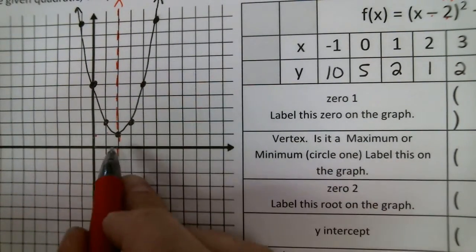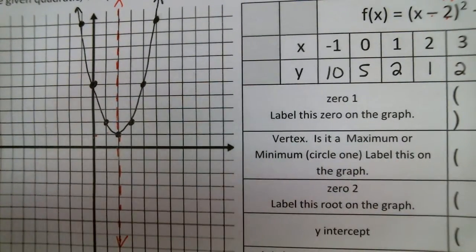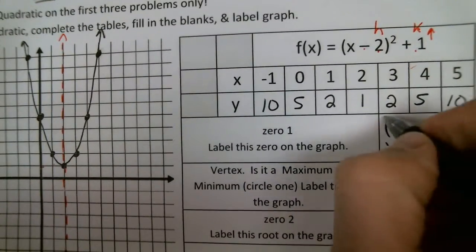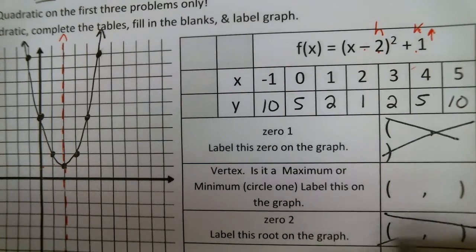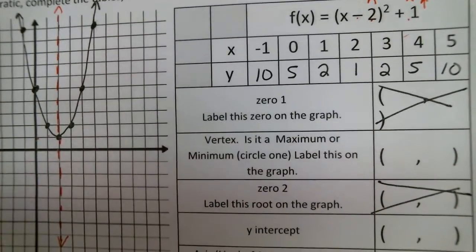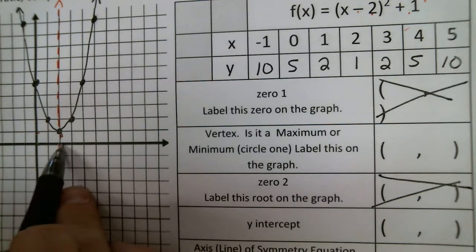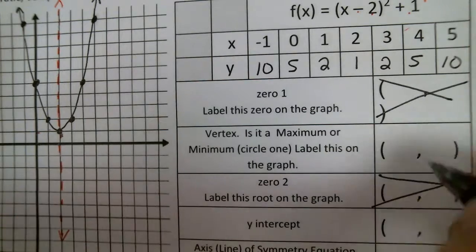Now let's fill in the rest of the data. Asking for a zero: I do not cross the x-axis at all, so there would be no zero. Next, vertex. There's my vertex. My vertex has now moved. It's now at the point (2, 1).